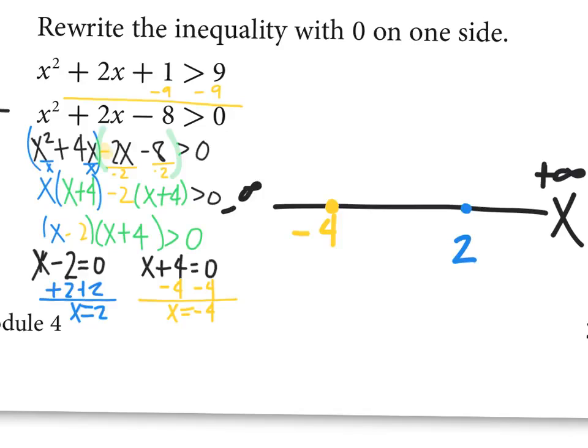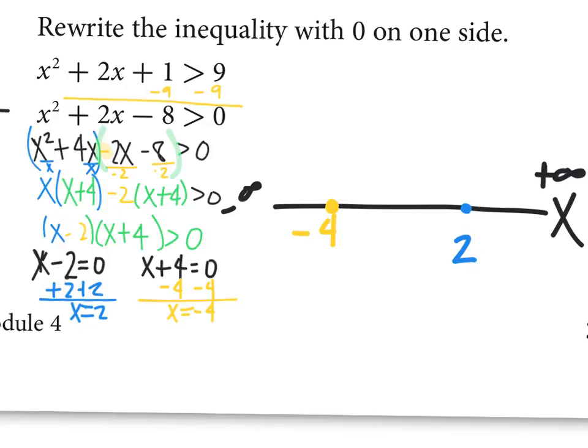And then I need to sketch what my graph would look like, which we already know, but let me ask you, is my graph going to open up or is my graph going to open down? Up. Why does it open up? Yes, because a is greater than 0.